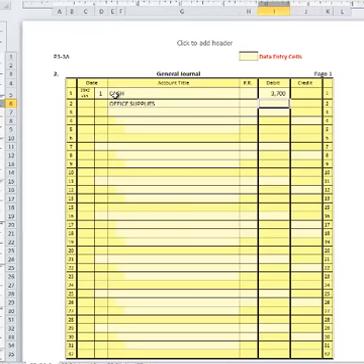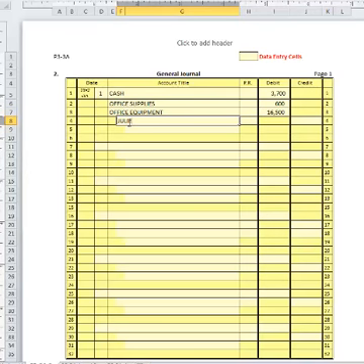And then we're going to debit office equipment for $16,500. Okay, and then the credit is going to go to Julie Boyles Capital for the total of $20,800.